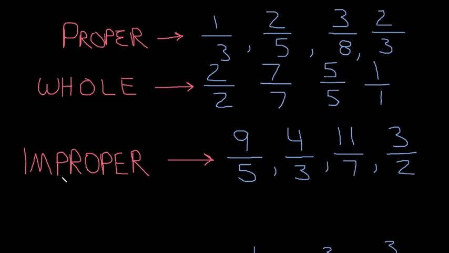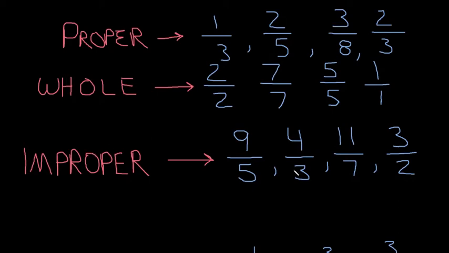The third one is an improper fraction. Well, the proper fractions up here had the numerator less than the denominator. The impropers have numerators greater than the denominators. So a proper fraction's value is always less than 1.